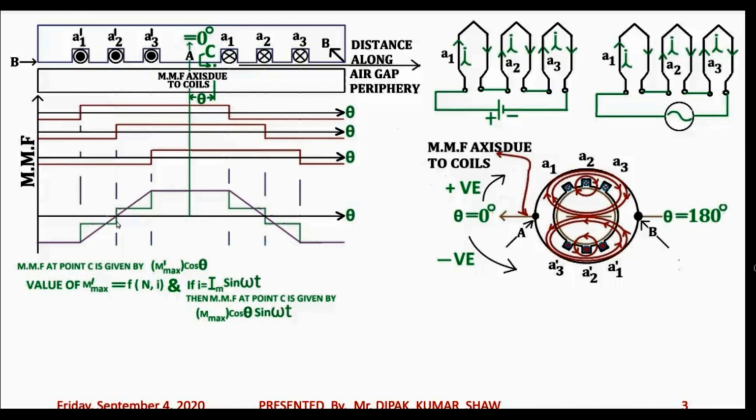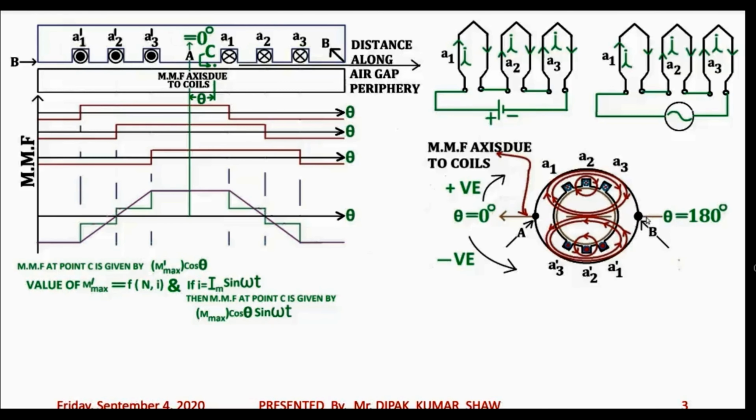That fundamental MMF waveform has its positive peak along this axis, which is passing between the center of slot A3 dash and A1, and it will have a negative peak passing between the center of the slot A3 and A1 dash. Please follow the mouse pointer.